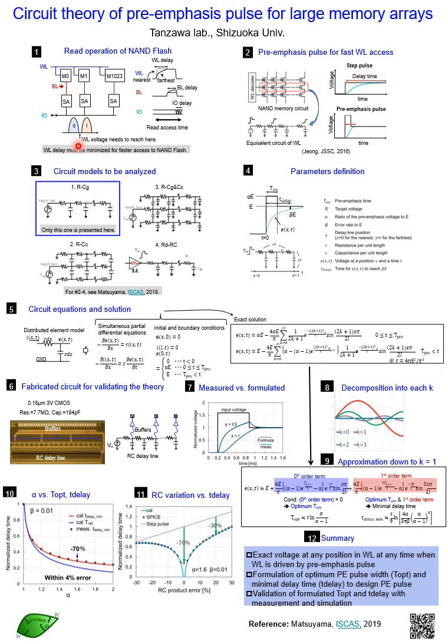When you apply the voltage on the gate of each member cell here, then the cell with data 0 flows the cell current because the threshold voltage is lower than the gate voltage.